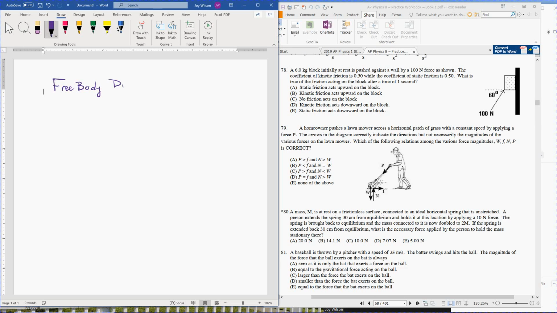Free body diagrams. And we've done a lot of these, so I know you guys know how to do them, but just as a refresher, the things to keep in mind. Number one is point the arrow in the direction of the force.